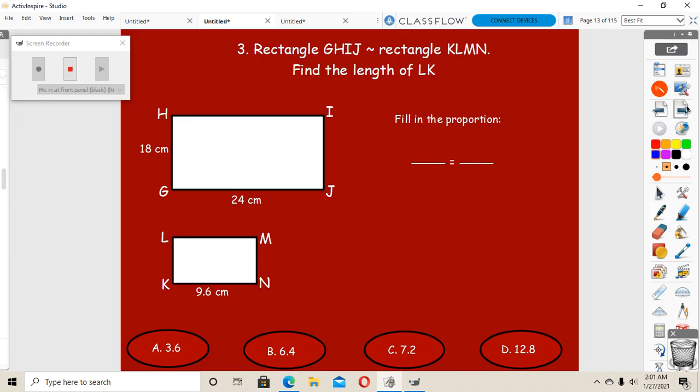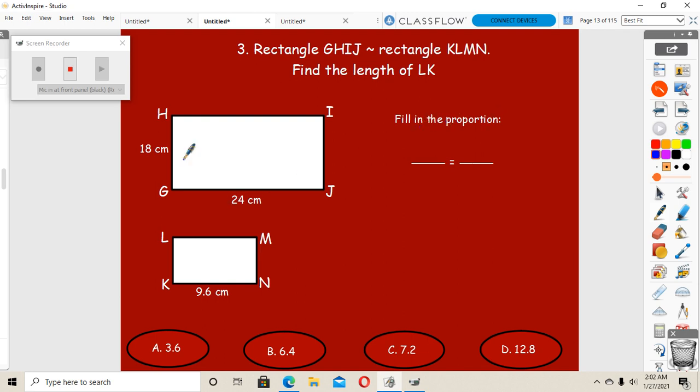Now here we have similar rectangles, the quadrilaterals. GHIJ is similar to KLMN. Here we are supposed to fill in the proportions.